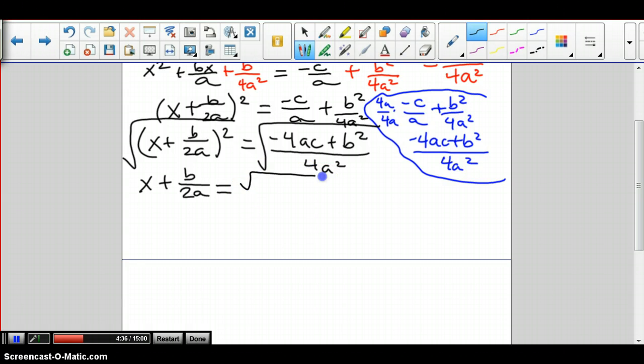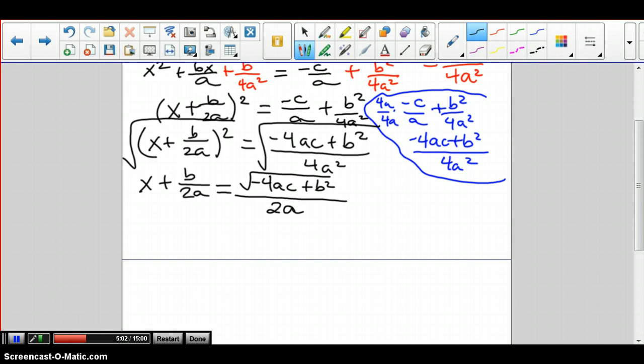So I'm going to leave the square root of the top as is, minus 4ac plus b squared. And when I take the square root of the bottom, the square root of 4a squared, well, the square root of 4 is 2, and the square root of a squared is just a.